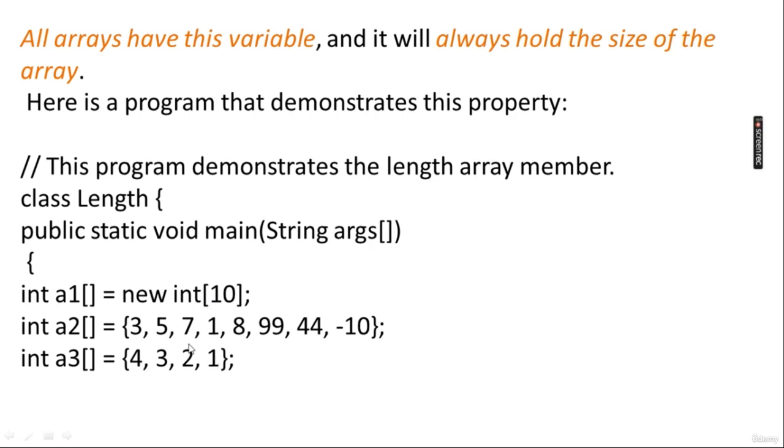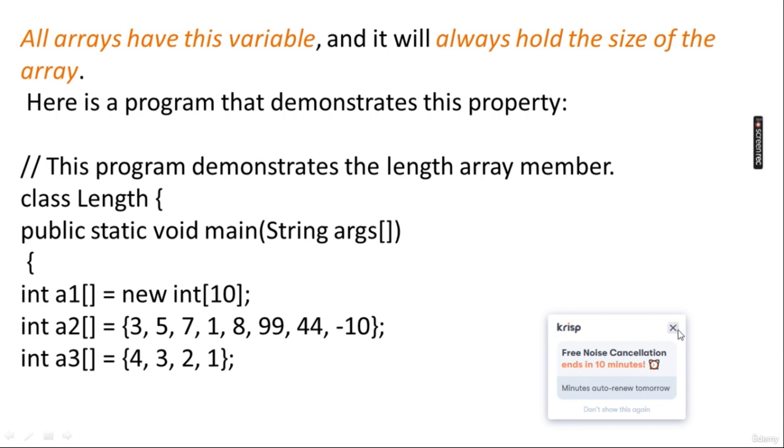The second is already initialized with 3, 5, 7, 1, 8, 99, 44, -10. Here the total number of elements it can hold is 10, in the second array it is 8, and in the third it is 4.